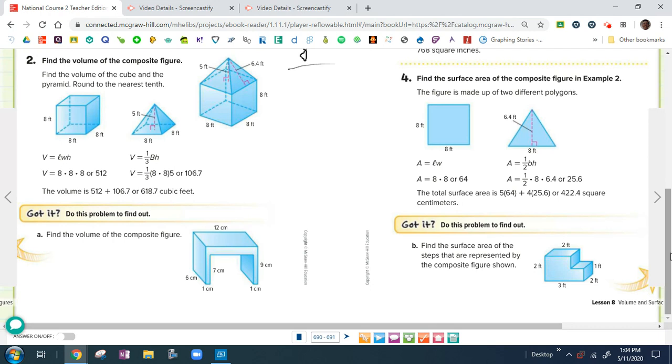Okay, now I've got to figure out all my surfaces, so let's show them all. I've got the bottom, which you can't see. I've got this, which you can't see. I have this, this, this, this. And then I have the front and I have the back, which are identical. So let's start organizing each of these.